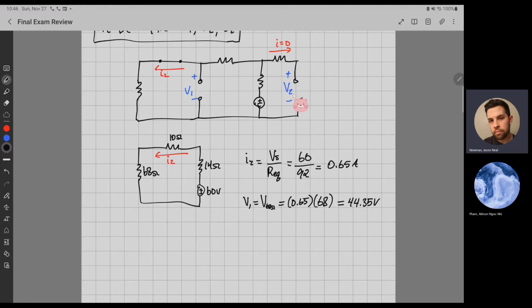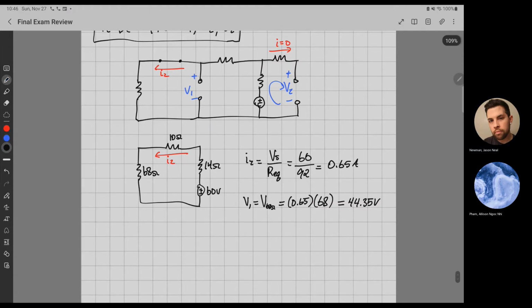So to find the voltage across this capacitor, you could do KVL in this little mesh right here. Even though it's an open circuit, you could still do it. So what I would do is do that. So this voltage source, let's start here at the bottom and go around like this. So this would be negative 60 because it's a voltage increase, it's a voltage rise.